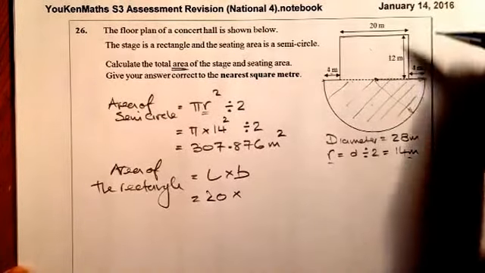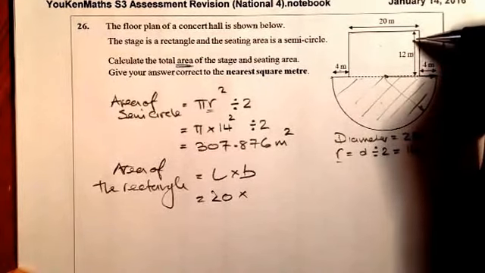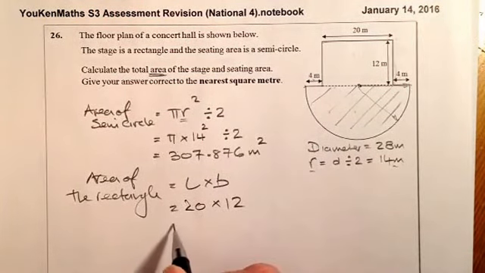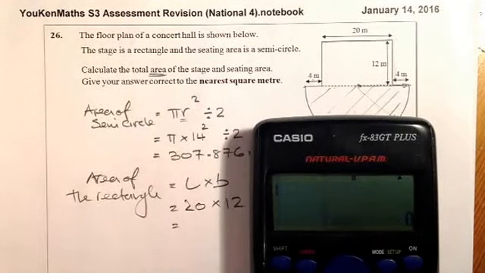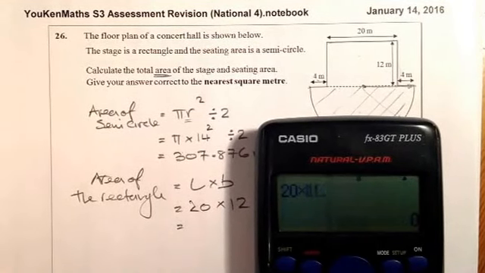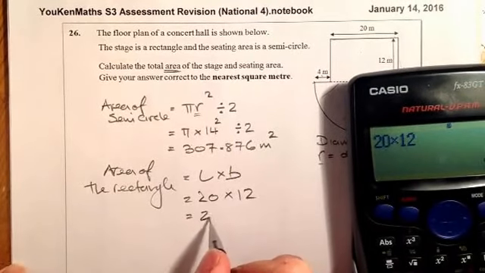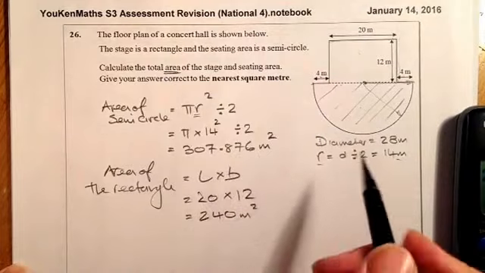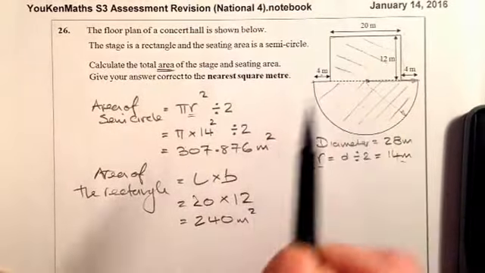I'm going to multiply that by the breadth, and the breadth is the size that's here, and I can see that's labelled up as 12. So that's 12. Okay. So again, I can do that without a calculator, or I can just make sure I check it with the calculator as well. So that's 240 metres squared.